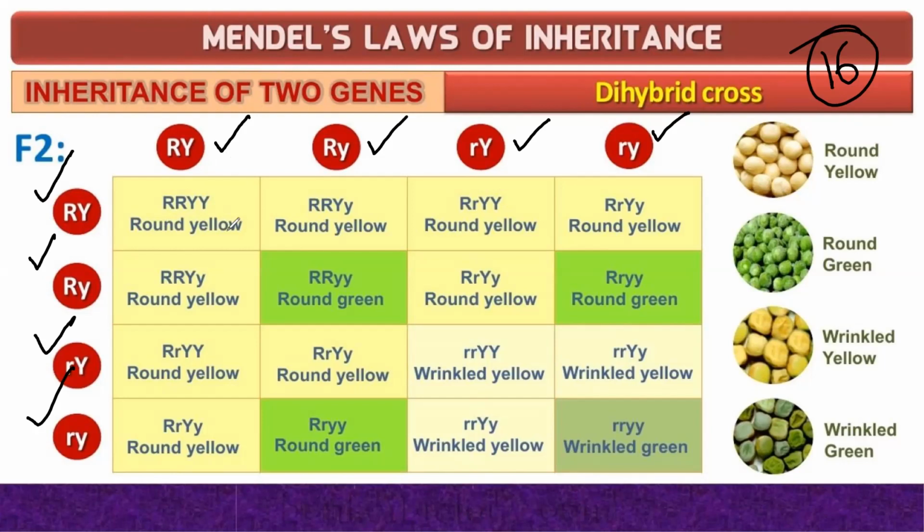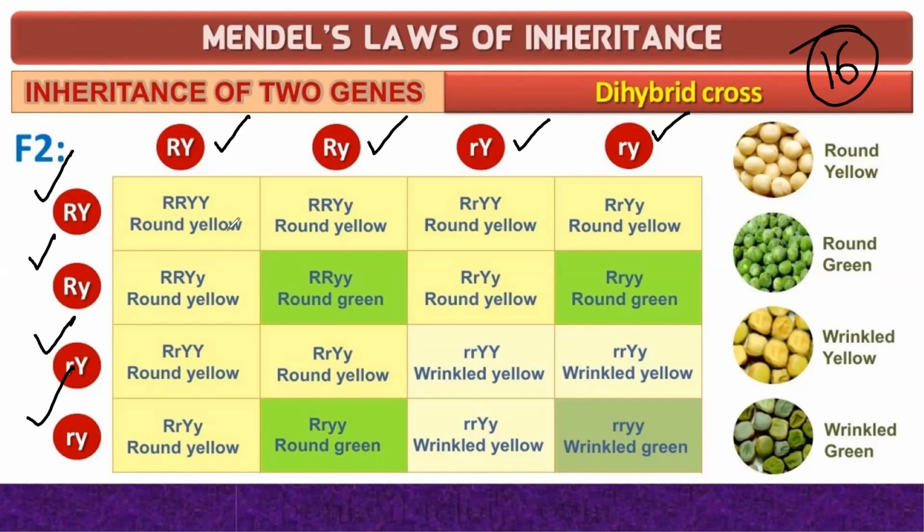Here on your screen, you can see a Punnett square, which has been used with different color boxes. Wherever you'll find round and yellow, the box is yellow in color. Green and round, the box is green in color. Whereas wrinkle yellow is pale yellow in color, and wrinkle green is pale green in color.